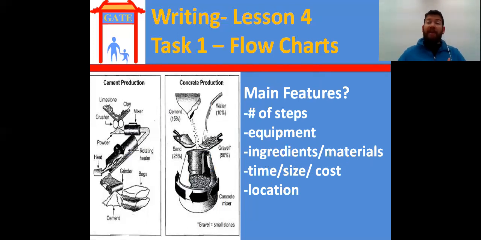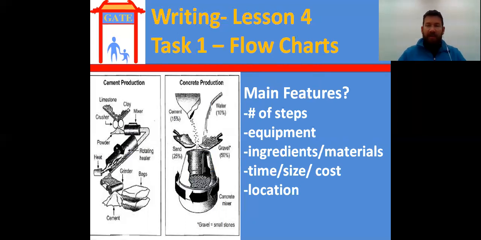So your main feature paragraph would normally start with something like: before we analyze this process in detail, or before I describe the life of a salmon, we can see that. So you're just saying, well, in my next paragraph, I will look at that process step by step. This paragraph, I'm looking for some main features.